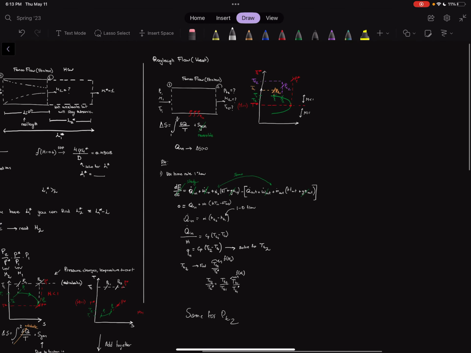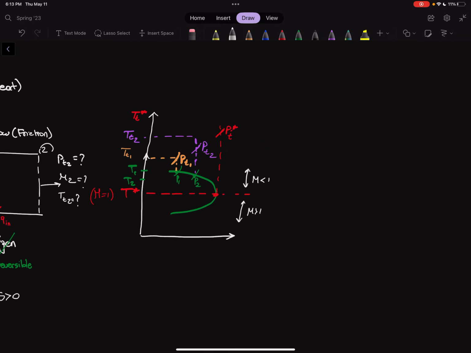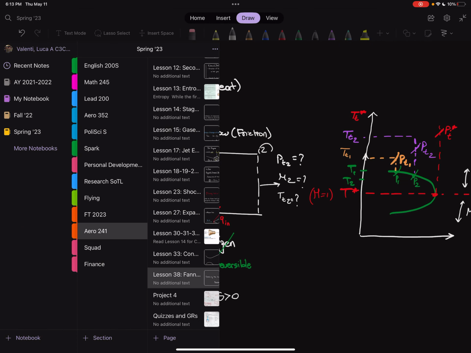And if I look at the graph here, we see the PT1, PT2 change as well as we move through the Rayleigh line. We're going to see that the total temperature increases. And we're going to see that the total pressure decreases. Okay, so there's two things there. Total pressure decreases, total temperature increases. And I was mixing up the two.